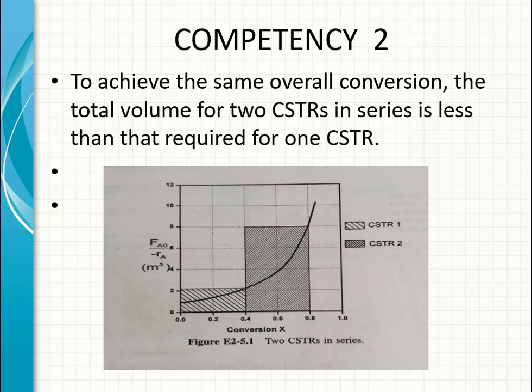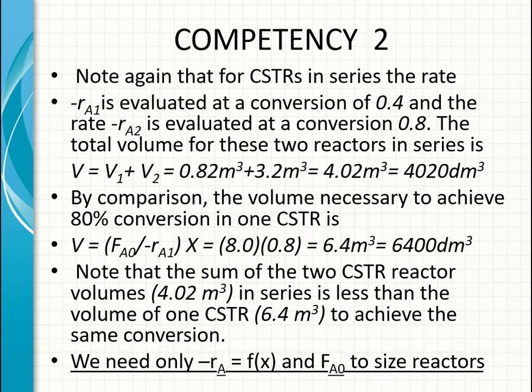Remember that for only one CSTR, we needed a volume equivalent to the rectangle of 8 times 0.8. Note again that for CSTRs in series, the rate minus RA1 is evaluated at a conversion of 0.4, and the rate of minus RA2 is evaluated at a conversion of 0.8.